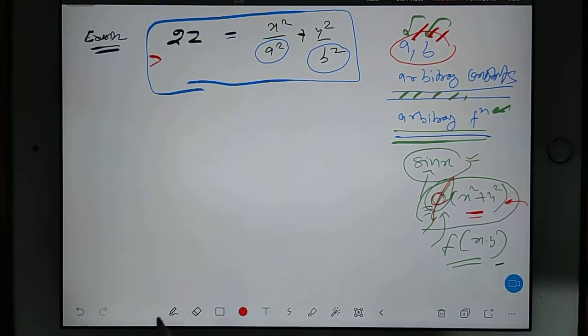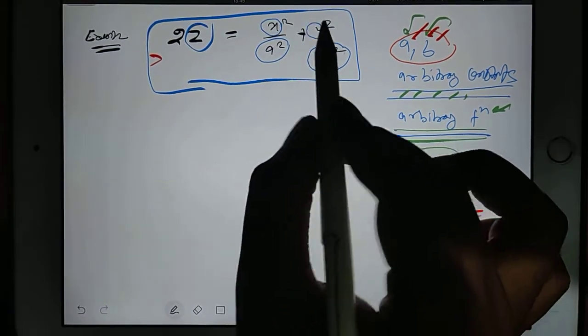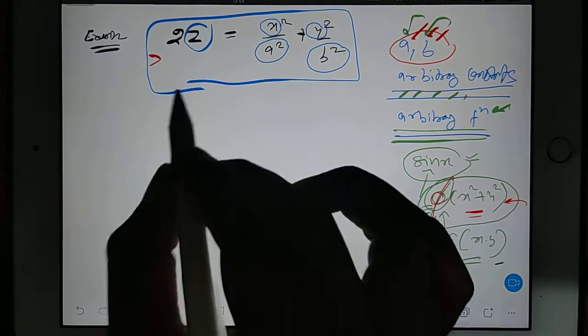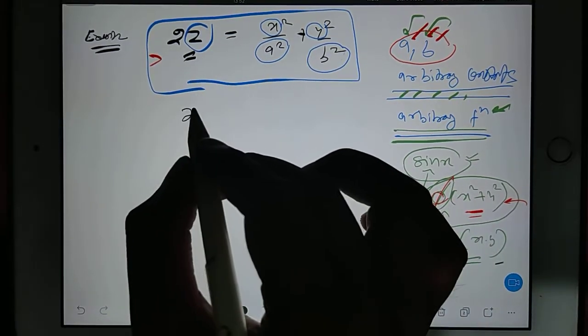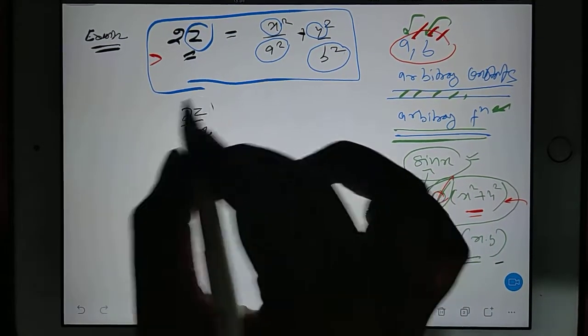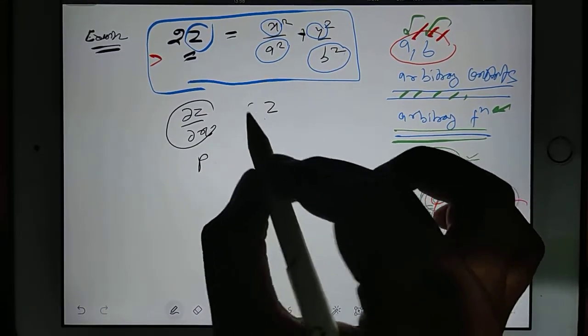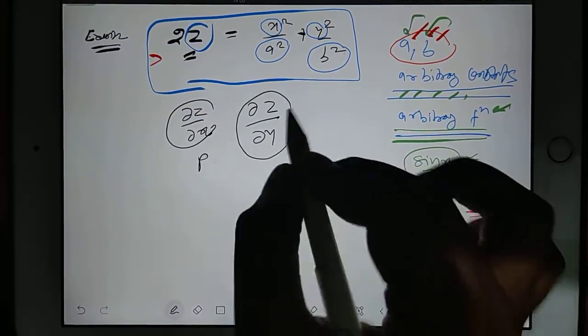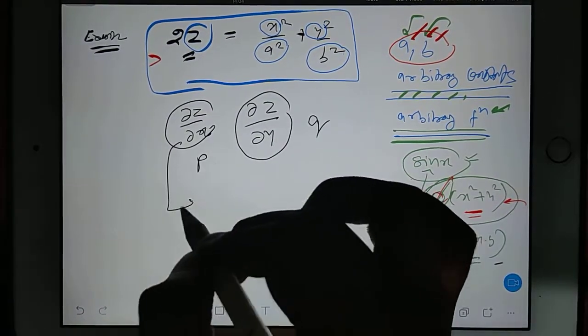See here, because z is a function of x and also y, whenever I ask you to differentiate z with respect to x, you will differentiate like dou z by dou x. This is nothing but p. And whenever I ask you to differentiate z with respect to y, it will be dou z by dou y, and this will be q. If there is a requirement, we will differentiate one more time.